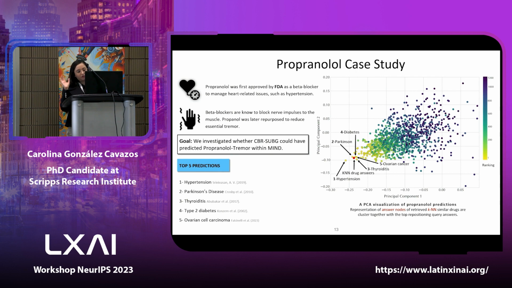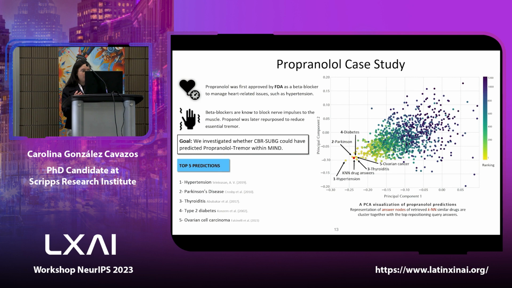And all the other dots represent the predictions for propranolol. I'm just highlighting the 5 top predictions to show that they are all clustered together with the answer nodes of the similar cases. As we see, the first prediction was hypertension as expected, and then we see Parkinson's, which is a disease characterized by several motor symptoms, including essential tremor, which goes into what we were expecting to see with propranolol being repurposed for essential tremor.